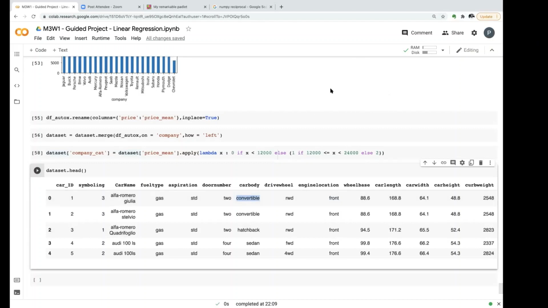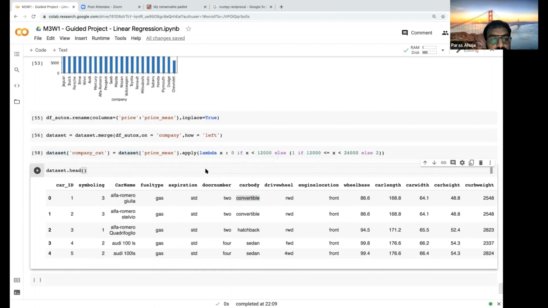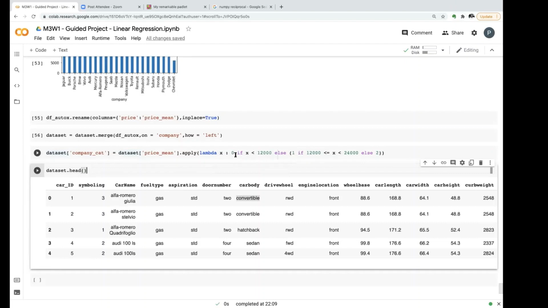Paras, actually, we're passing 0, 1, and 2 for company category. Don't you think we are actually giving more stress on the greater than 24,000 price or something? So what do you mean? So you are saying that, okay, yeah, we are giving that.